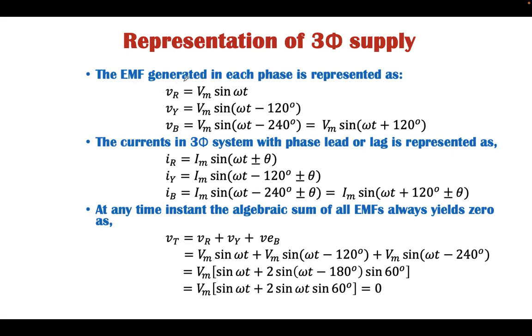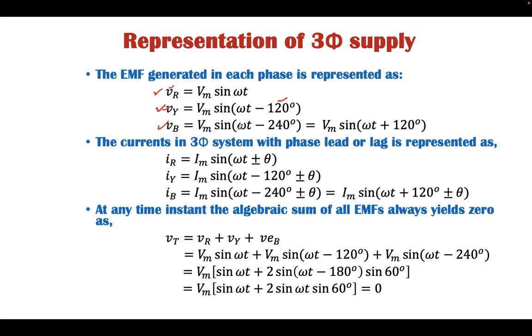Now, in case of three-phase supply representation, let me consider the voltage in the first phase is Vm sin omega t. Since the second phase is displaced by 120 degrees, the voltage in the second phase is Vm sin omega t minus 120 degrees. The voltage in the third phase is displaced by 240 degrees with respect to Vr and 120 degrees from Vy.